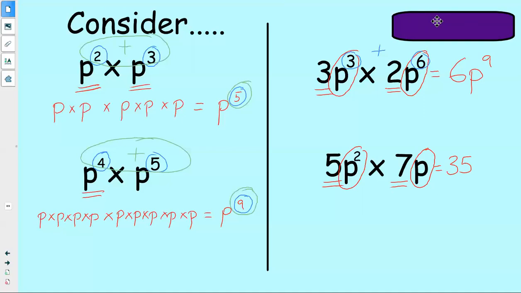So if I put this power of 1 in, and then I think about the rule we've just chatted about, I add these powers together. What is your answer? So your 35 is already there, and it's going to be p to the power of 3, because 2 add 1 is 3. Okay, let's move on.